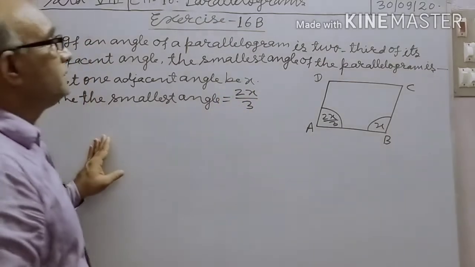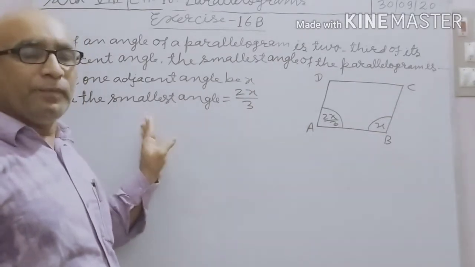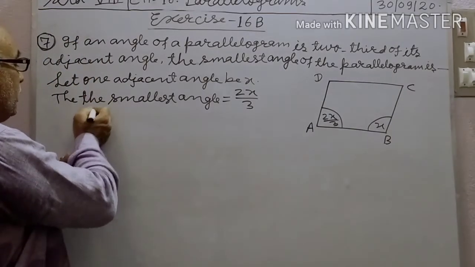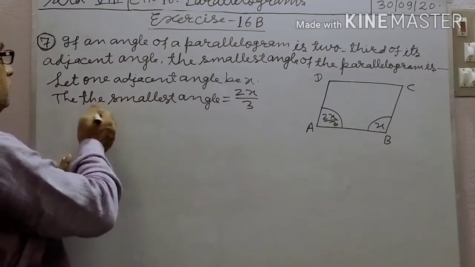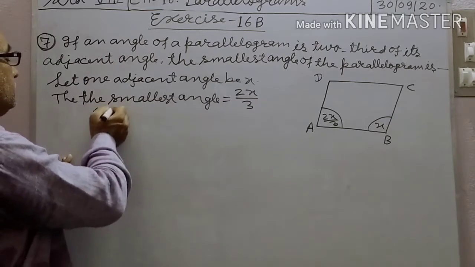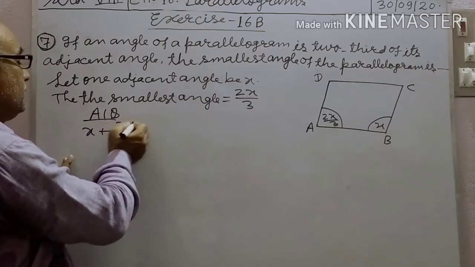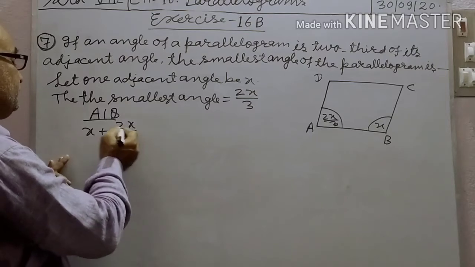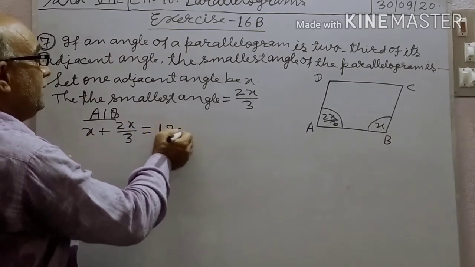We know that the sum of two adjacent angles of a parallelogram is 180 degree. So according to the question, x plus 2x by 3 equal to 180 degree, sum of adjacent angles.